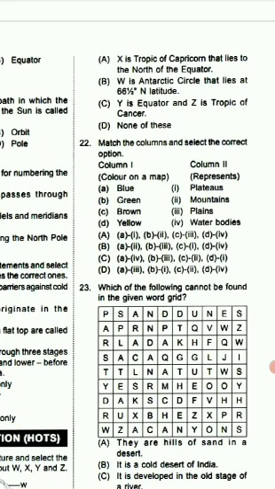Number 23. Which of the following cannot be found in the given word grid? A. They are hills of sand in a desert. B. It is a cold desert of India.